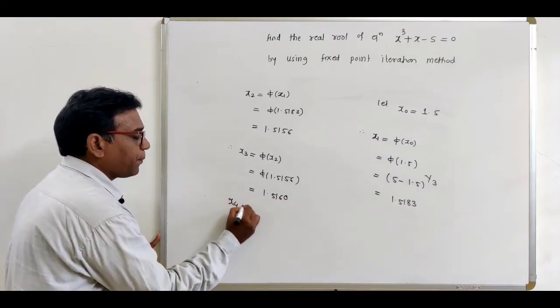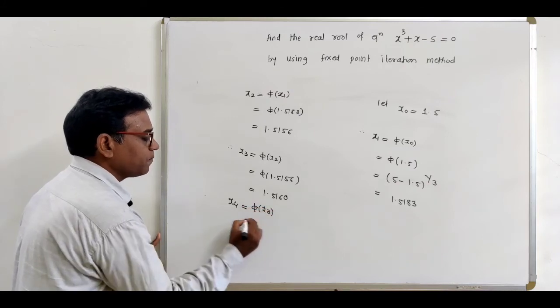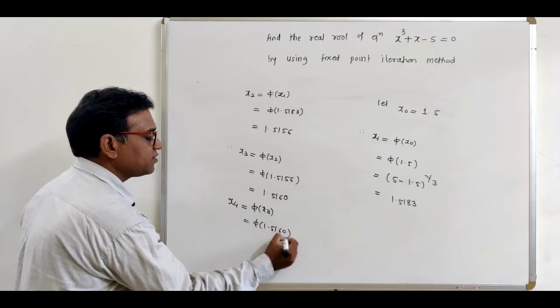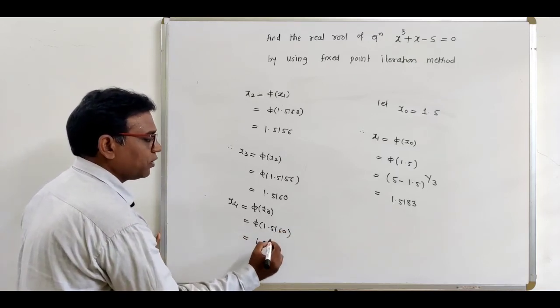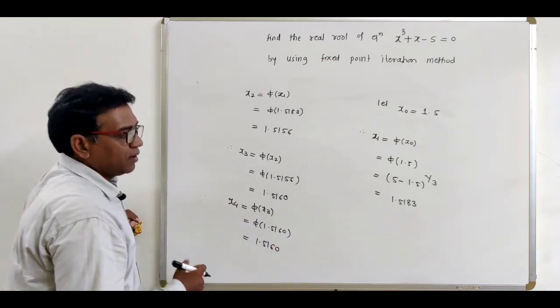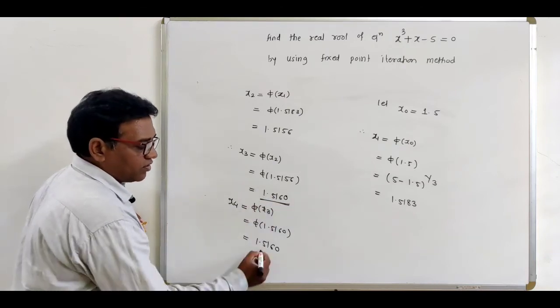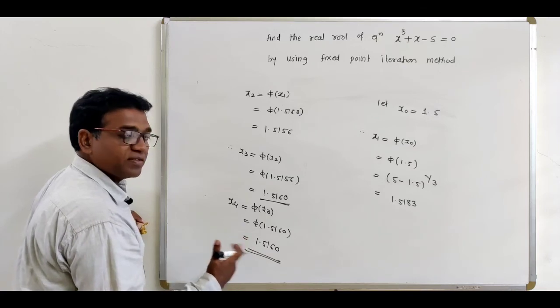Find out the fourth approximation x4. That is phi of x3. Put this value for x3, it is 1.5160. So we observe that this is again the same value, 1.5160. So what is our observation? The third approximate root is 1.5160, and this fourth approximate root is again the same, 1.5160.